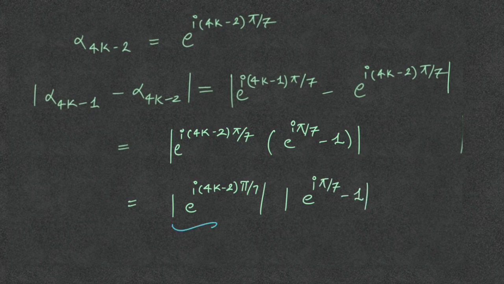Now this is equal to 1. So finally we have mod of e to the power iota pi by 7 minus 1.